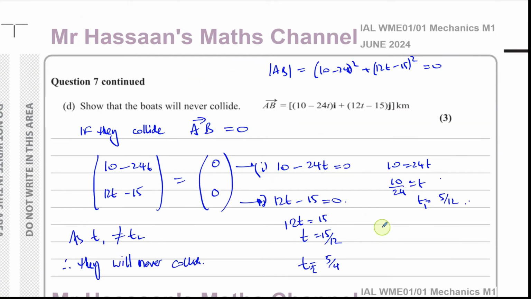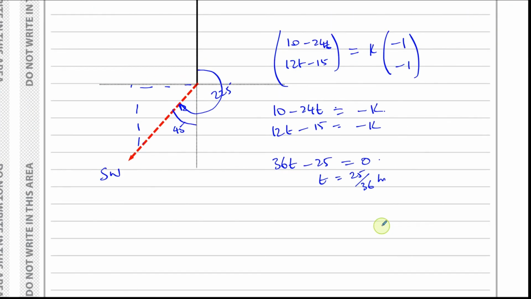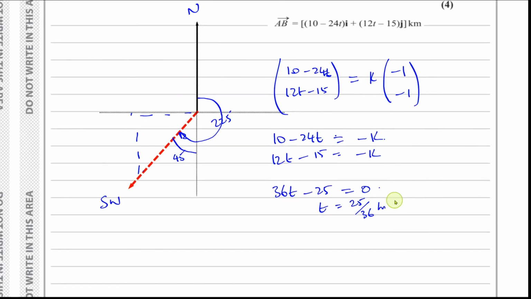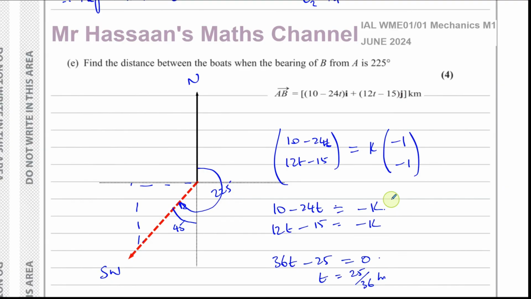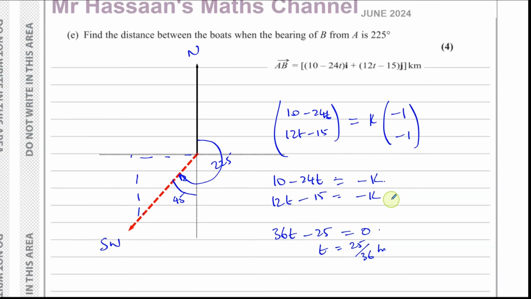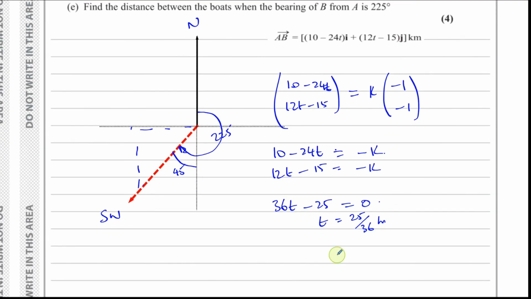Okay, kilometers per hour, I think we have. Yep. Okay. And therefore, it says find the distance between the boats when the bearing. So now we know that the time is 25 over 36. So we need to find the magnitude of the vector from A to B when time is equal to 25 over 36. Okay.